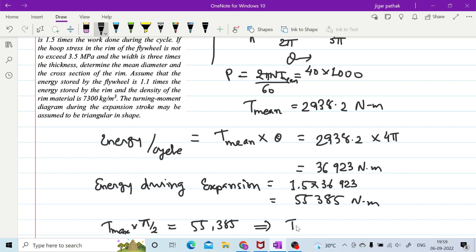If you simplify it, what are you getting as T max? 35259, I guess. 35259 Newton meter.